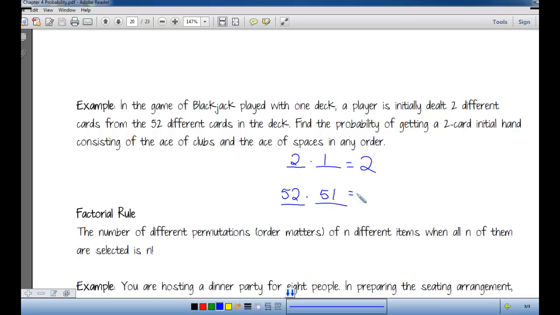That's going to be our denominator. Very good. So we get 2 over 2,652, or 1 over 1,326. Questions about that?